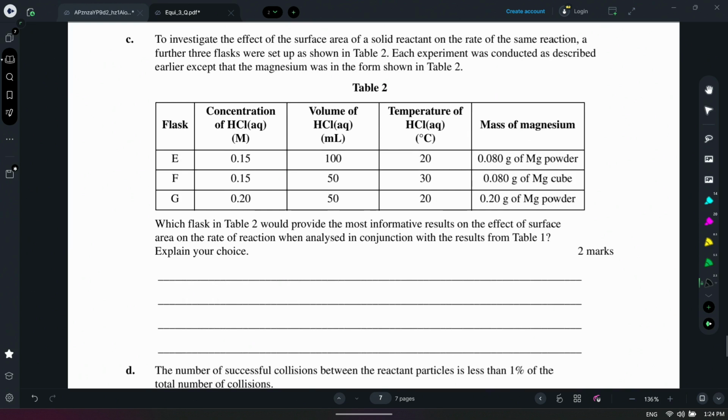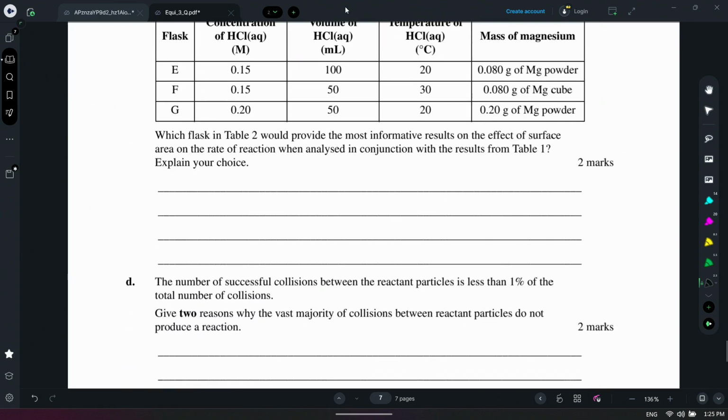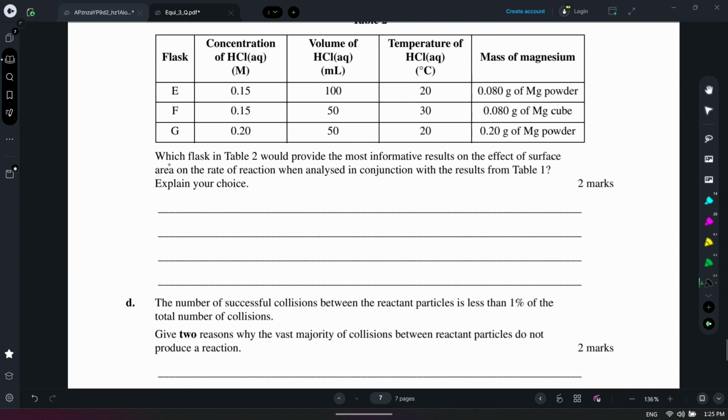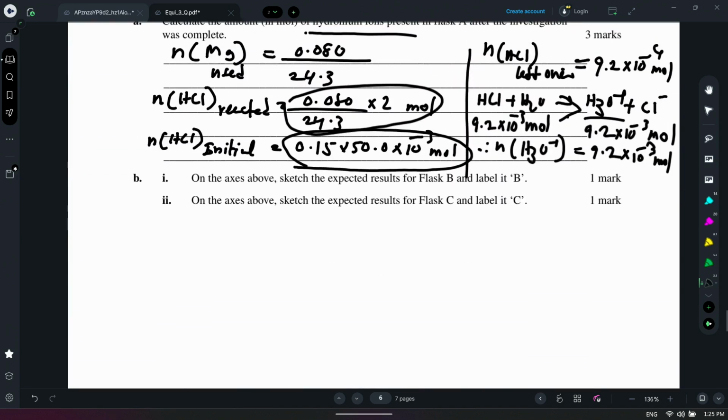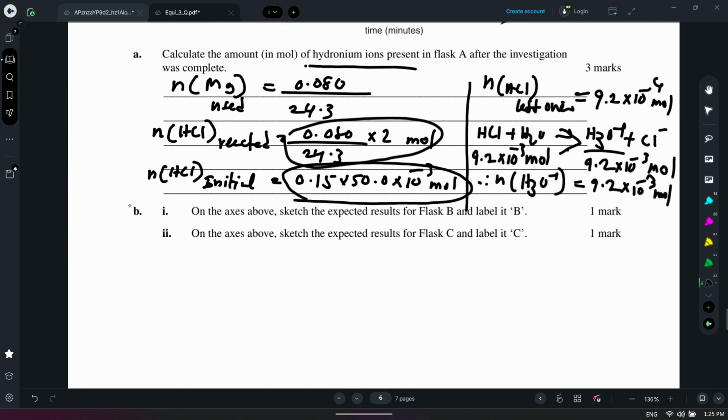So this time they are trying to investigate how surface area affects the rate of reaction. You know that if the surface area increases, the rate of reaction will increase. Now the question is asking which flask in table 2 provides the most informative results on the effect of... is that the question? No. Sorry, I should have gone back.